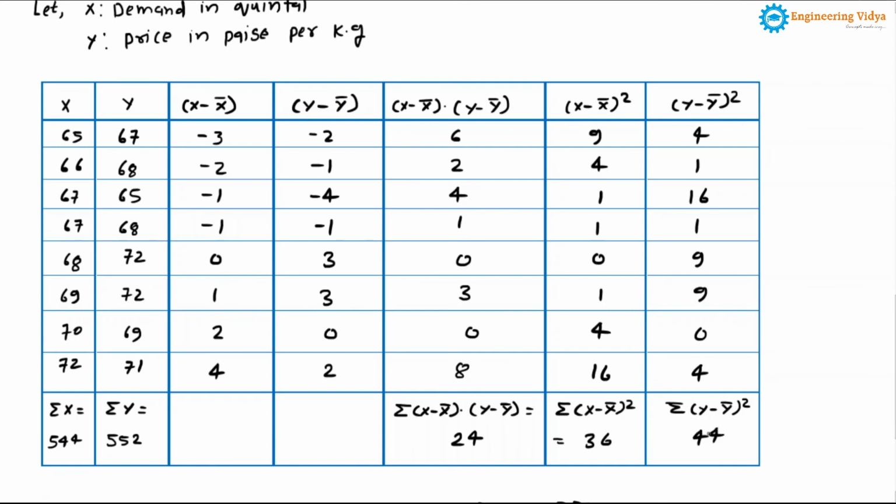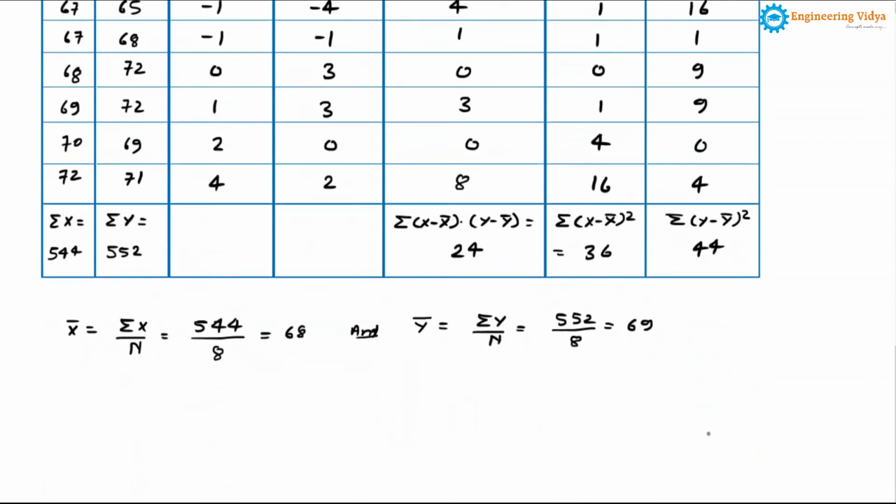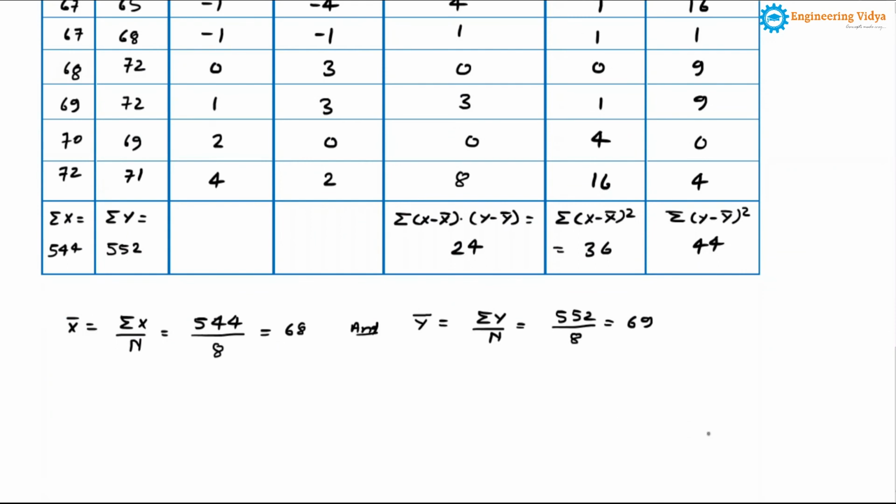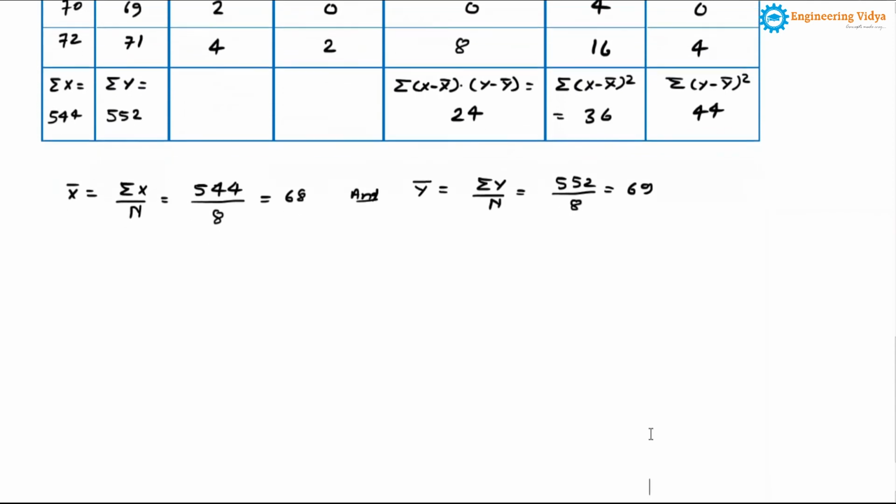So since all intermediate parameters have been calculated from the table, now we're going to use this formula. The formula I hope you already know, right? How to calculate the coefficient of correlation. So here we'll use the formula now.